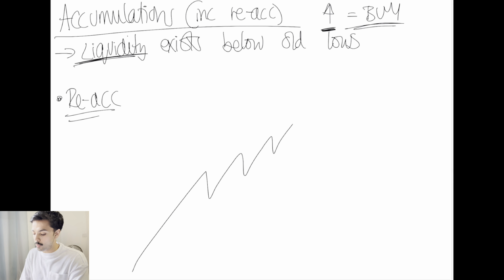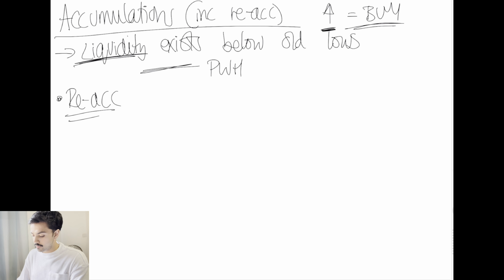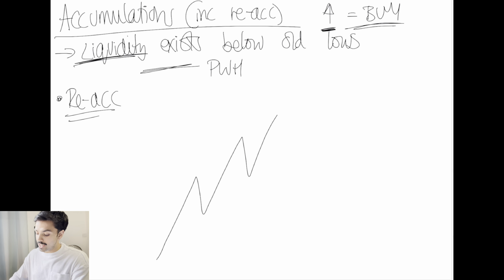Let's say we have a target way up here in form of a previous week high, previous day high, Asia high, whatnot. And let me actually draw this out a little bit better. Okay, so we understand that in an area of potential reaccumulation, the liquidity exists below old lows.